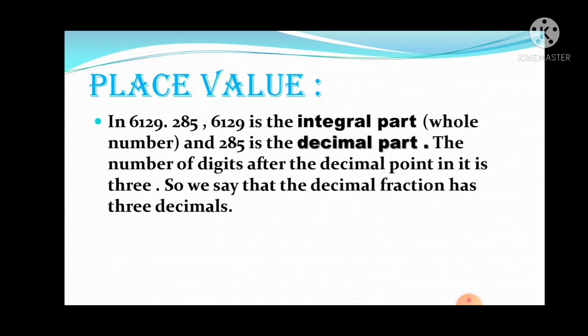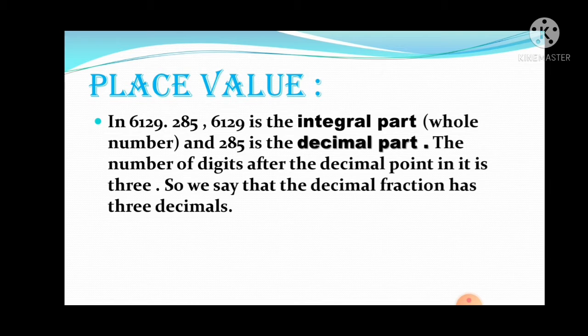In the number 6129.285, 6129 is the integral part, that is the whole number, and 285 is the decimal part.